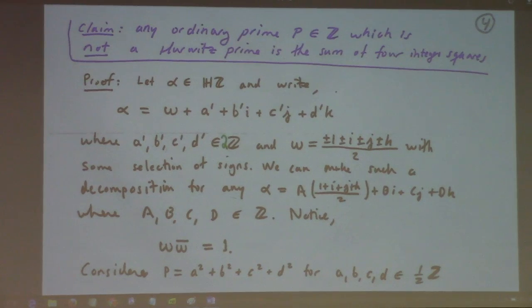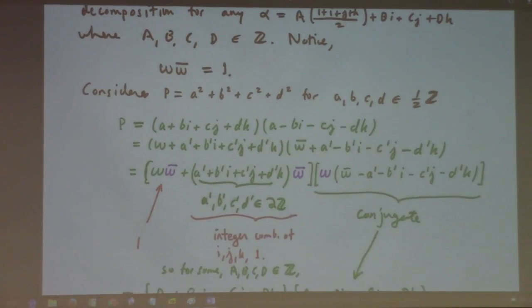So with that in mind, if you have a prime and you factor it, if you have p equals a squared plus b squared plus c squared plus d squared, where a, b, c, and d are half integers, then we can rewrite this as this.